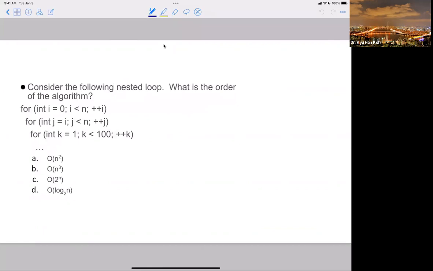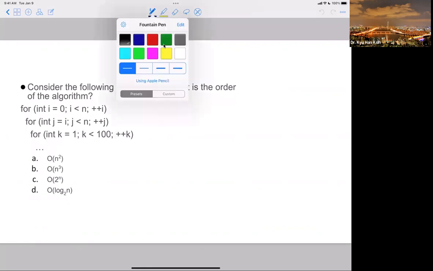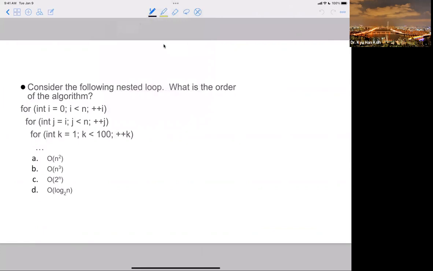And consider the following nested loop. What is the order of the algorithm? So that is n times, and that is like constant, right? So what we said, we don't care about constant. So we don't count this one.